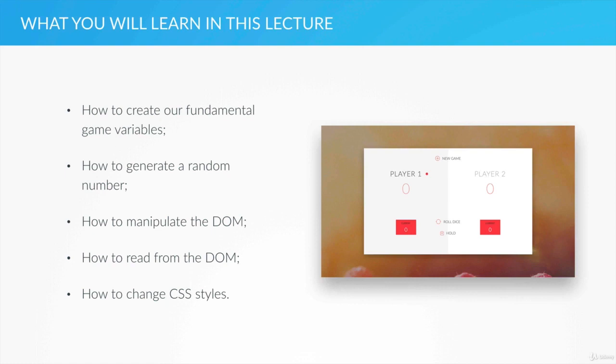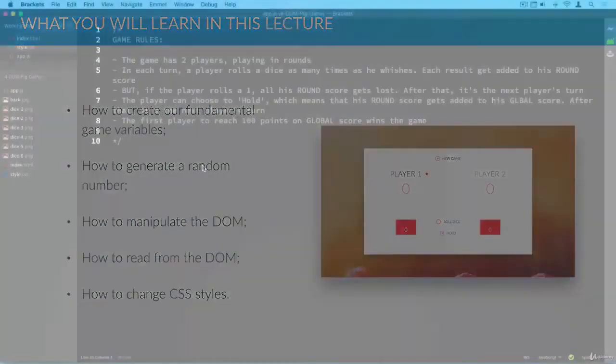And this will be very useful in case you ever need to come back to these lectures later. And that being said, in this lecture we are going to learn how to create our fundamental game variables, how to generate a random number, how to manipulate the DOM, and how to read from the DOM.